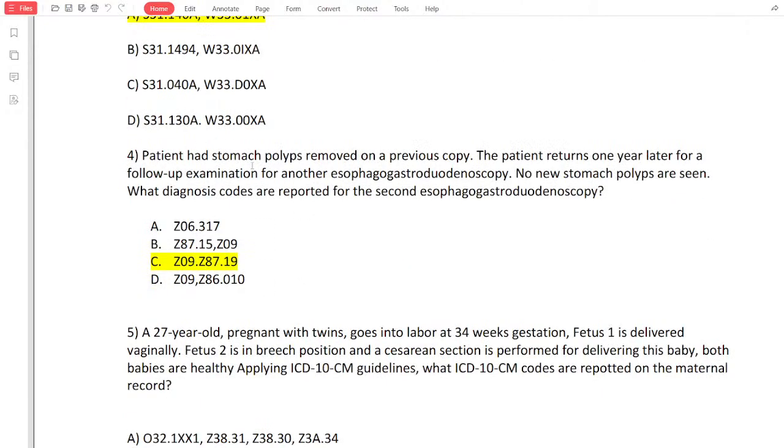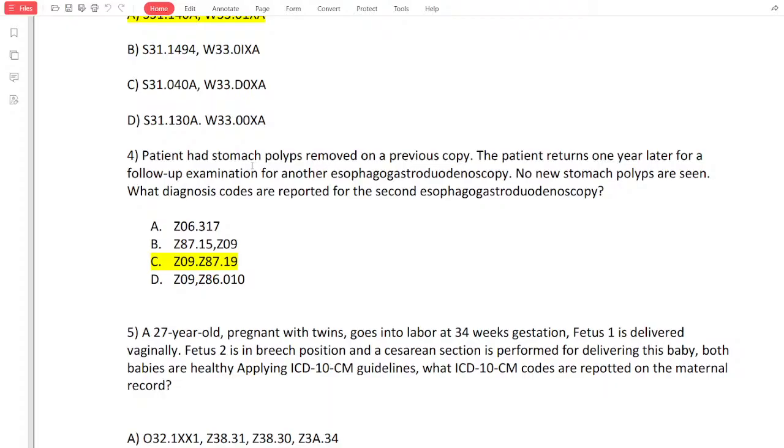Fourth one, it's the Z series. The Z series is also for follow-up examinations. Medical history related things are in the Z series. So, a patient had stomach polyps removed on a previous scope. The patient returns 1 year later for a follow-up examination for another esophagogastroduodenoscopy.